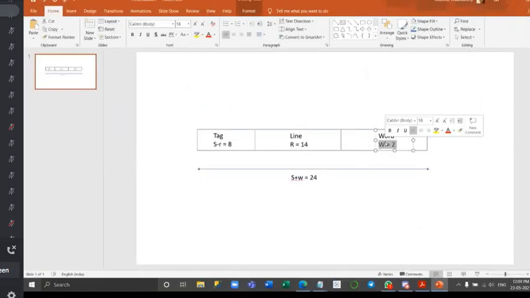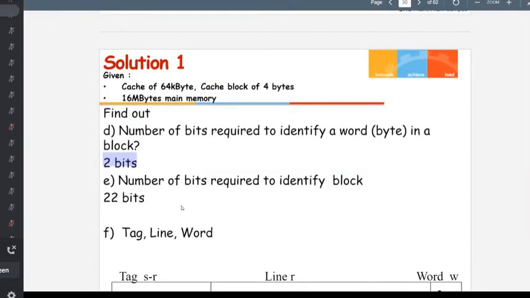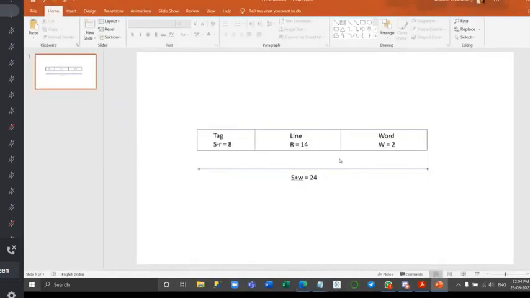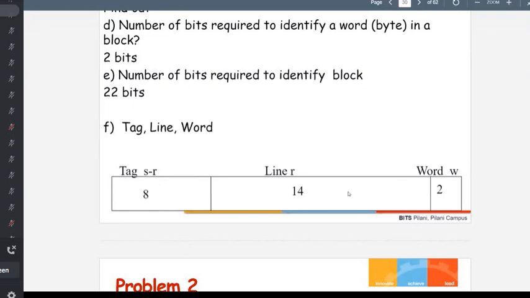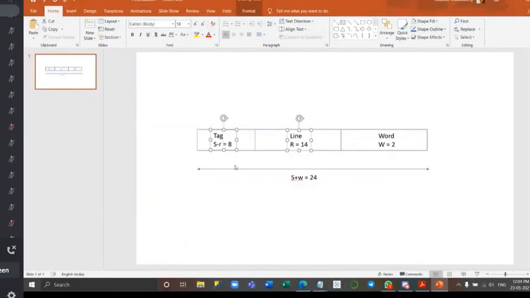So excluding the word, we have the tag and line parts, 8 plus 14, 22. The tag, line and word are 8, 14, and 2 bits respectively. I hope that's clear.